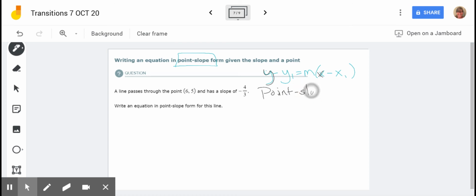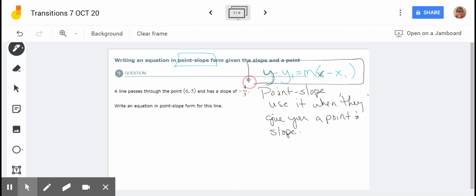I feel like it's more advanced mathematically, and you use it when they give you a point and a slope. Literally. That's why it's named the point slope formula. This is super advantageous to memorize. It's a wonderful formula.